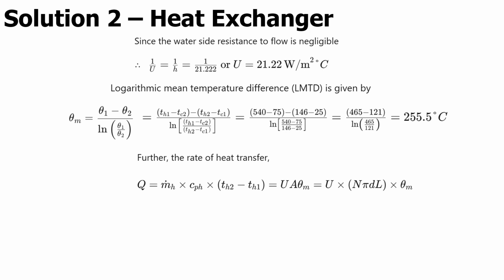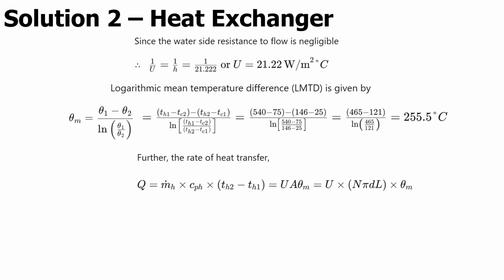First, we determine the rate of heat transfer Q, which can be expressed in two ways, using the heat capacity rate of the hot fluid or using the overall heat transfer coefficient and LMTD. So Q equals m_h dot times C_ph times the temperature difference.